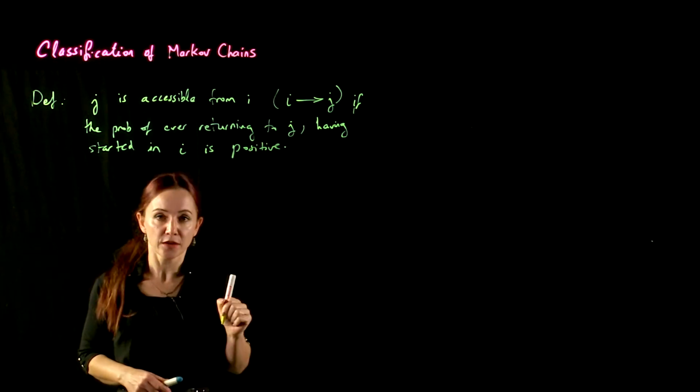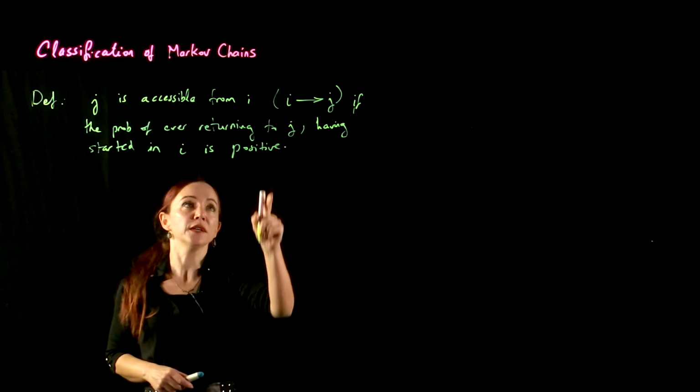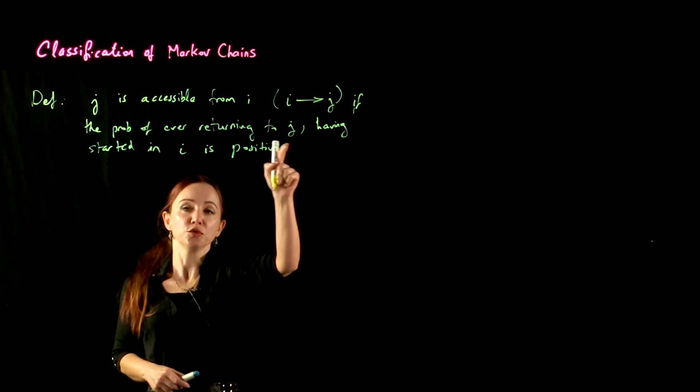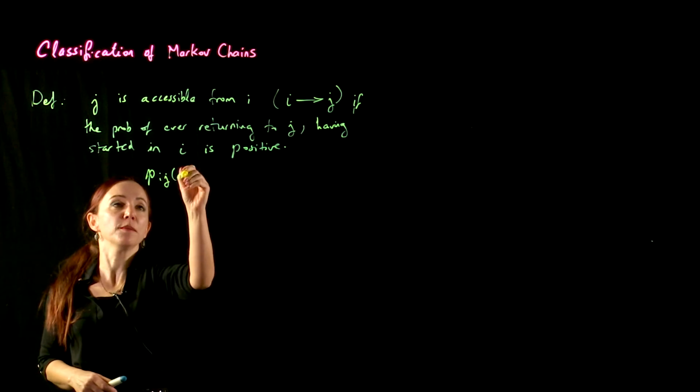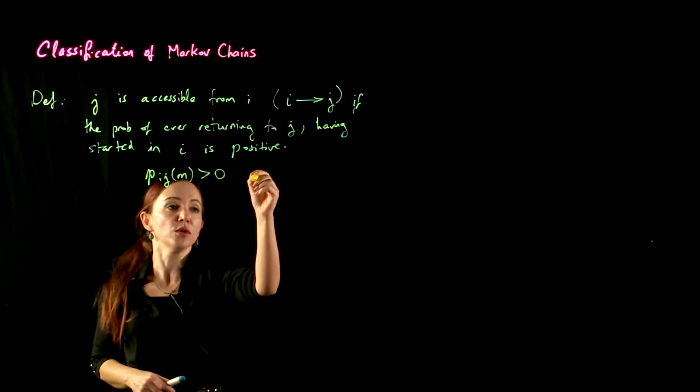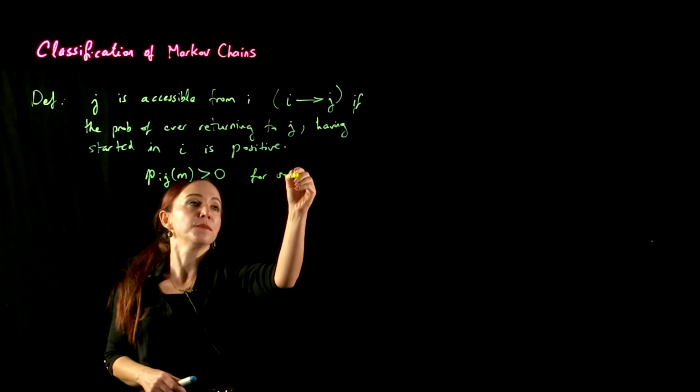Meaning there is a non-zero probability of getting from I to J. In other words, Pij of M is non-zero for some M.